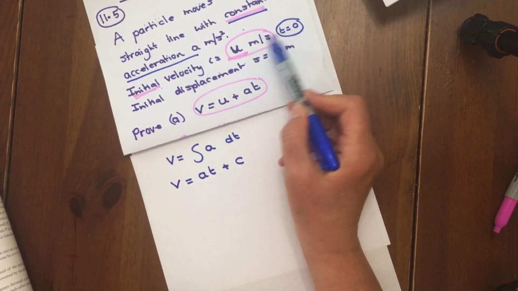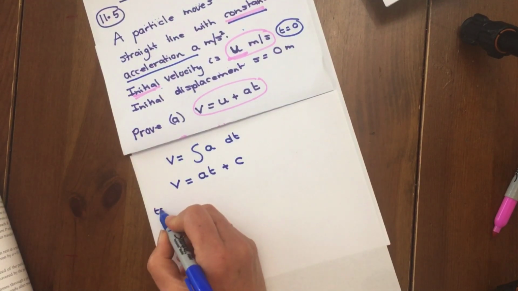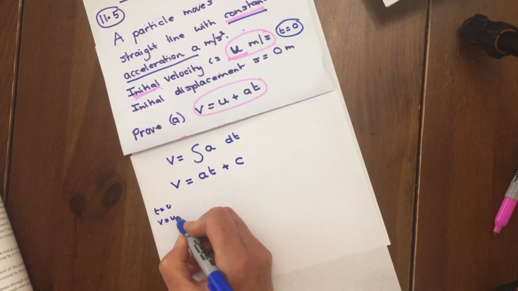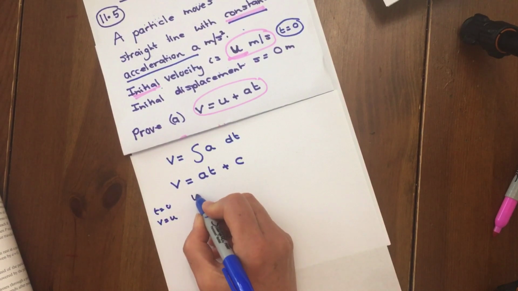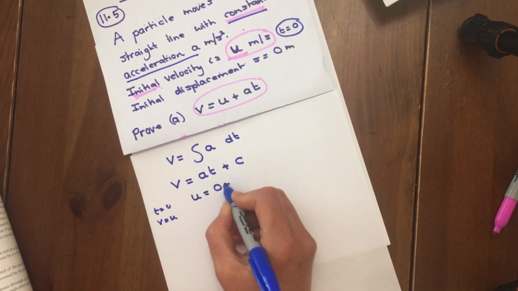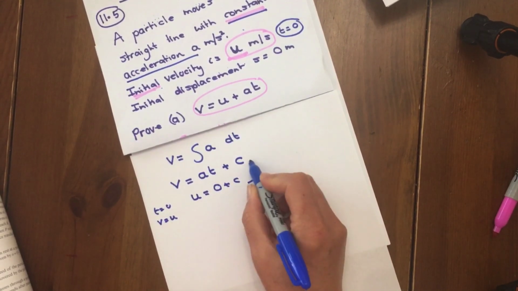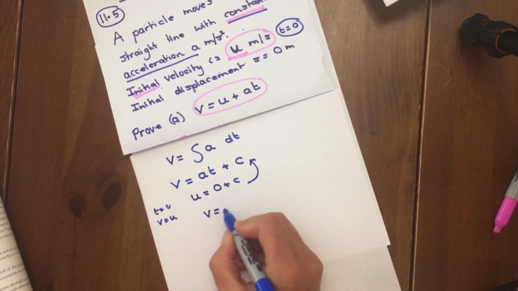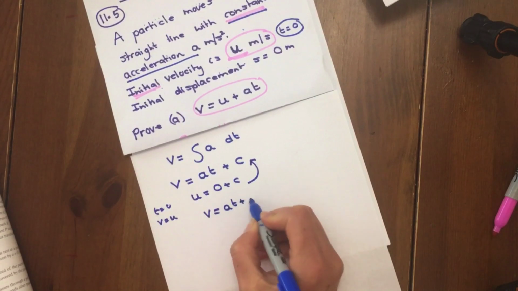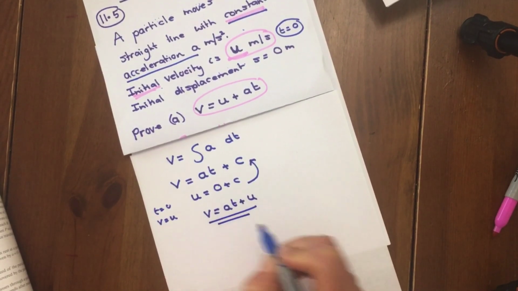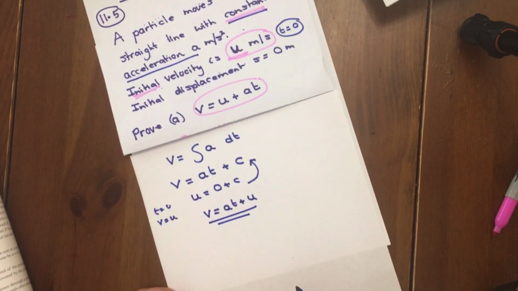At time t equals 0, my velocity is u. So let's put that in. We get u equals 0 plus c. So we can see c is u. Let's put that back into this equation. v equals at plus u. Hence we've proved that equation.